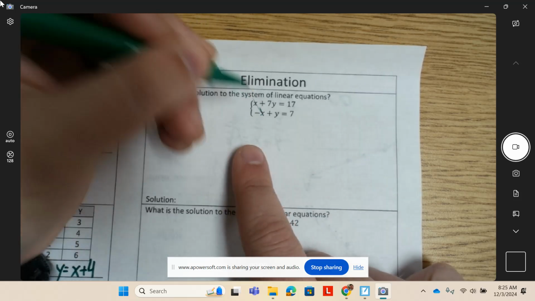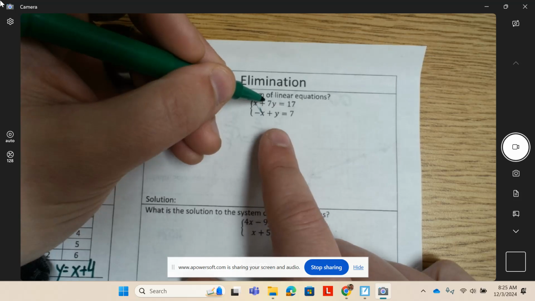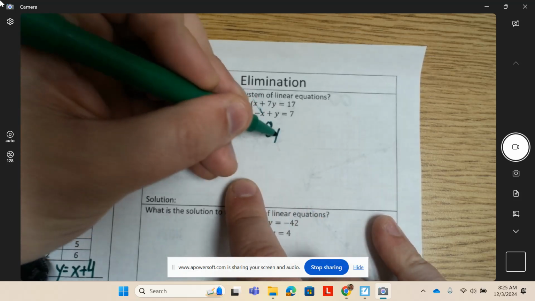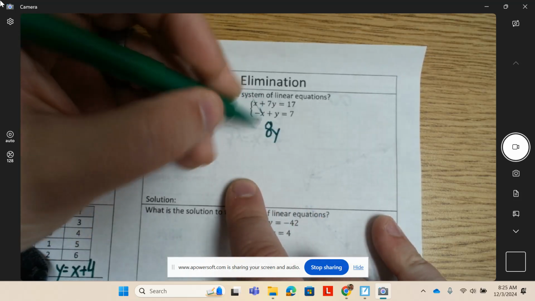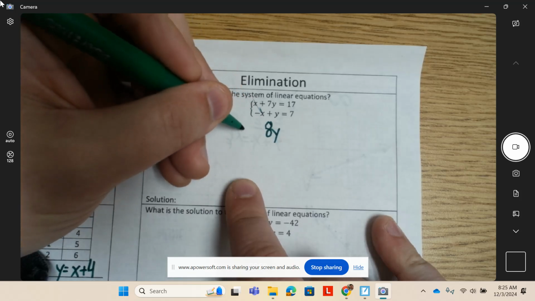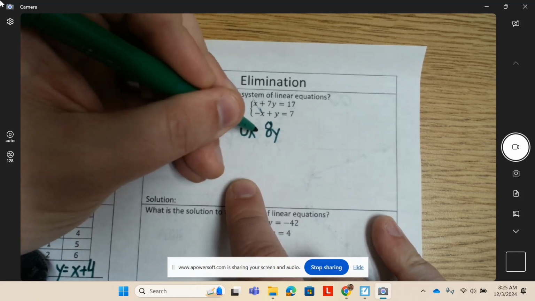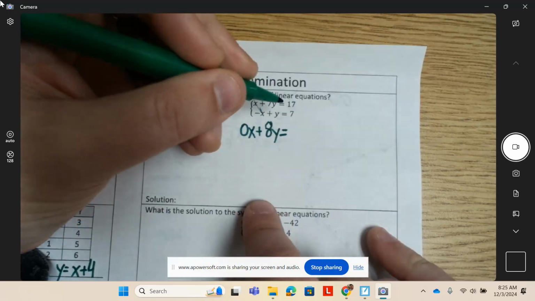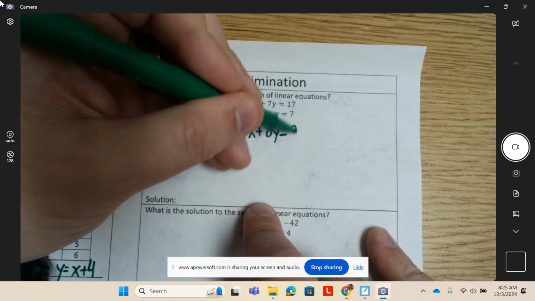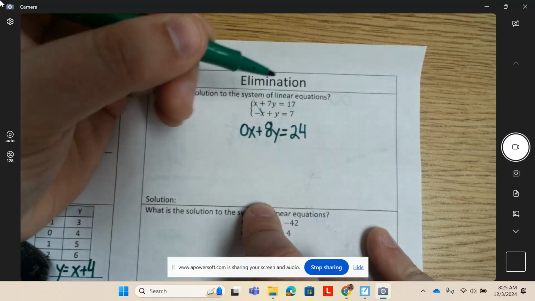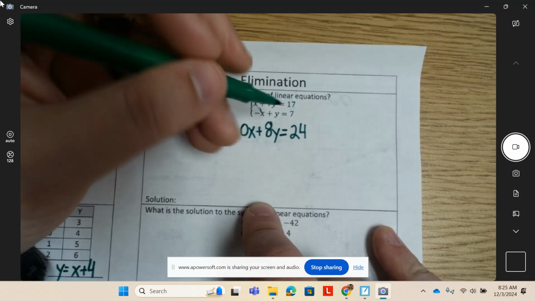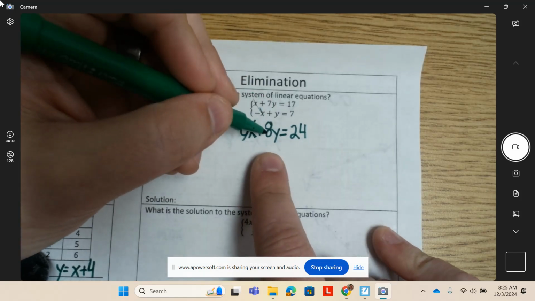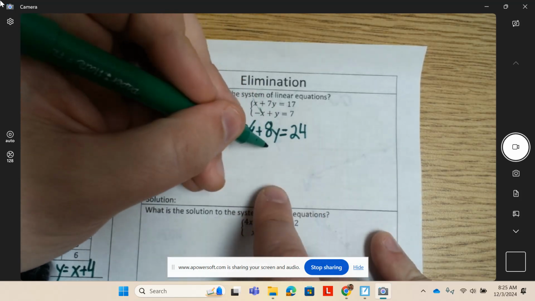Then I would do 7y plus y, which gives me 8y. So x minus x gives me 0 x's plus 8y equals 17 plus 7, or 24. So that 0x goes away, we don't need it. I'm just left with 8y equals 24.